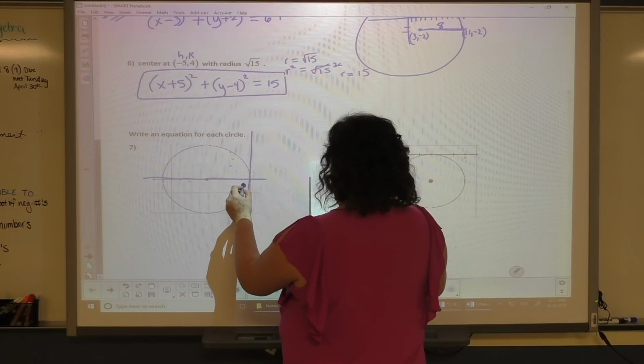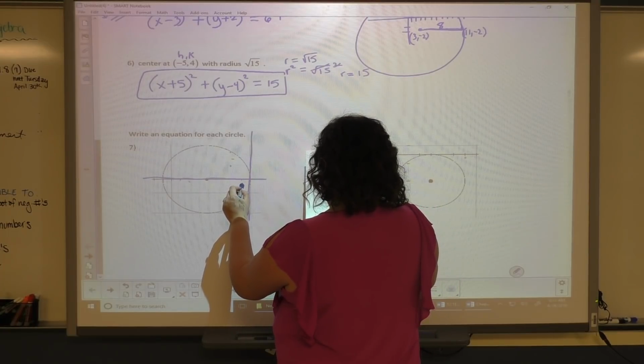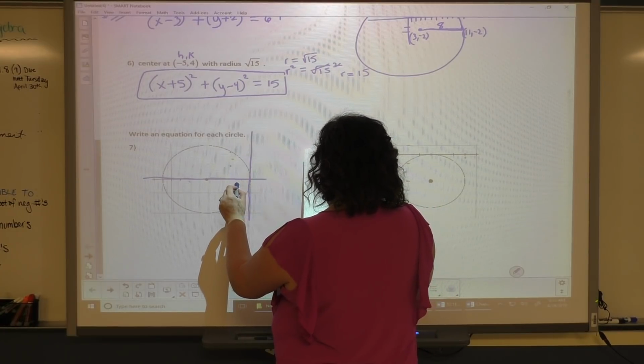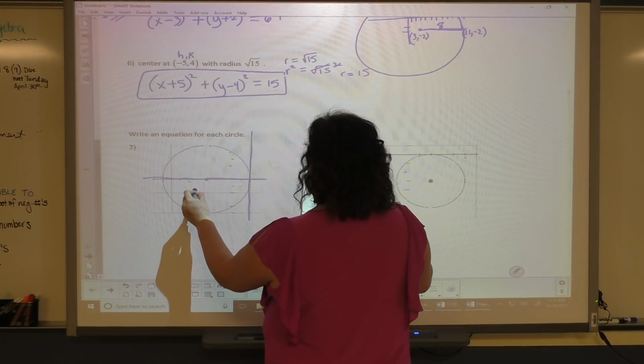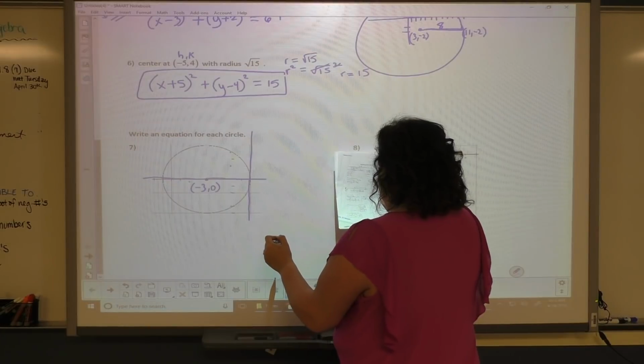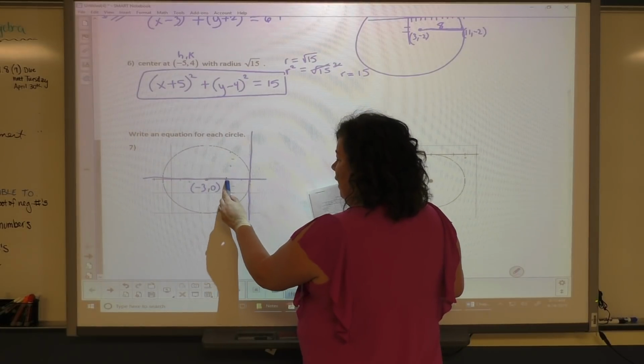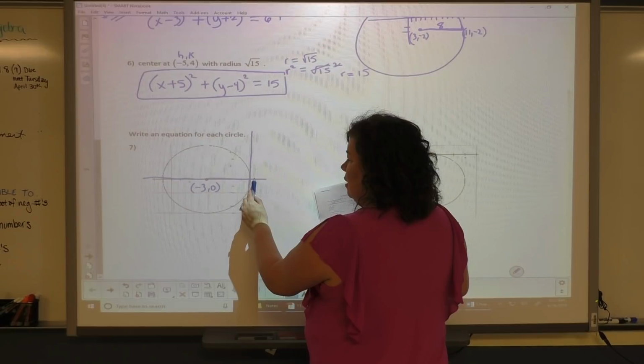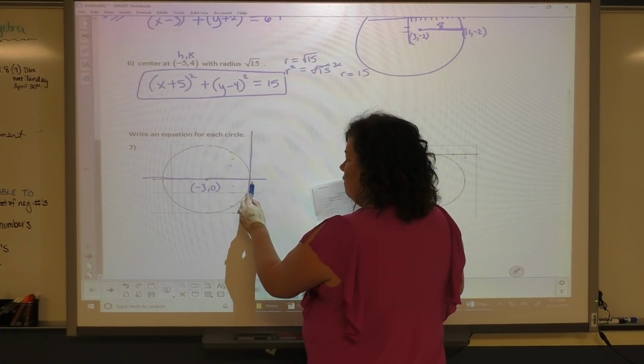So it looks like our center is at -3, 0. And it looks like our radius is 5.